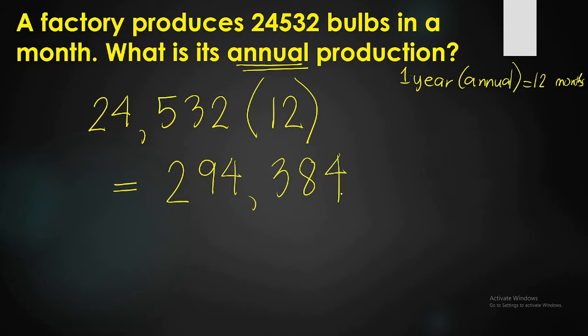Do you have the same answer as Riza? And what is the unit? Bulbs. Okay, bulbs. That will be our answer for this. The annual production, meaning the total number of bulbs produced for a year, is this number.